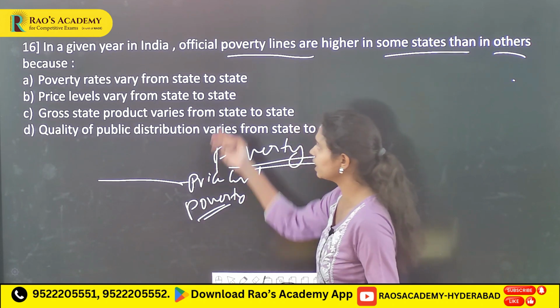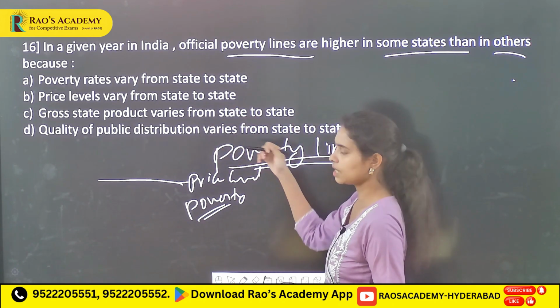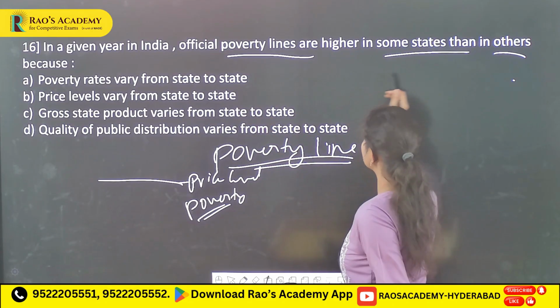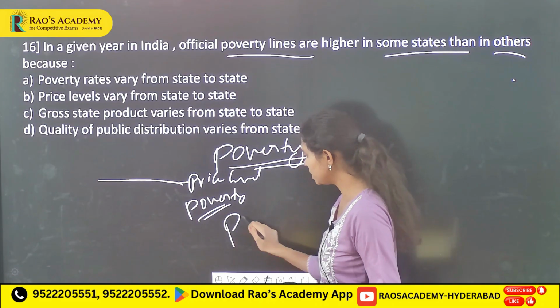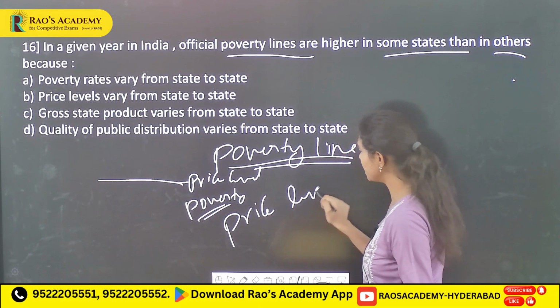So with regard to that, it has asked the question that official poverty lines are higher in some states and lower in some states. The reason behind this is the difference in price levels in different states.